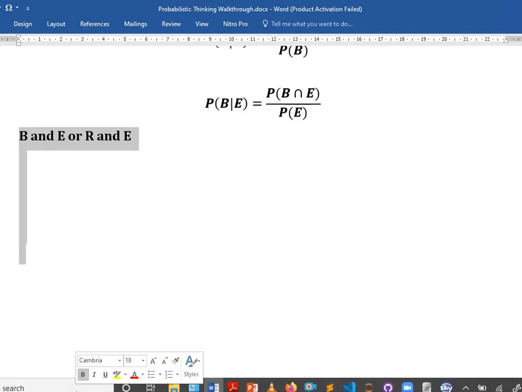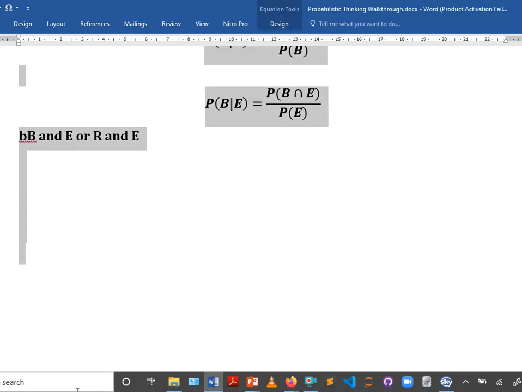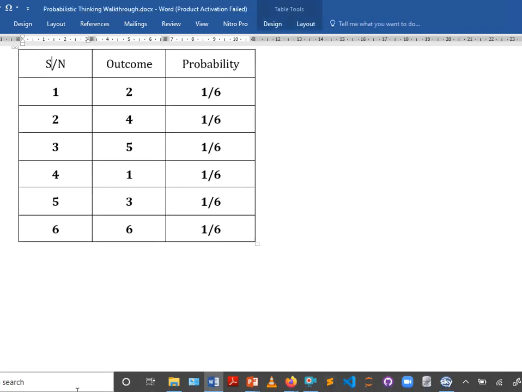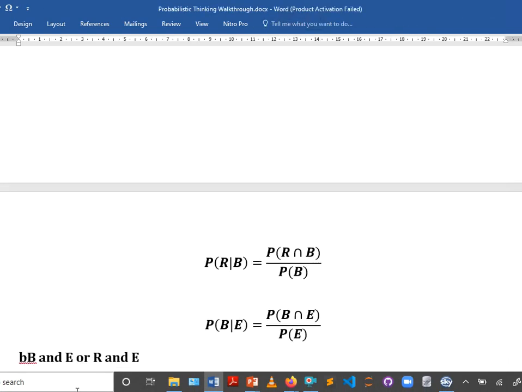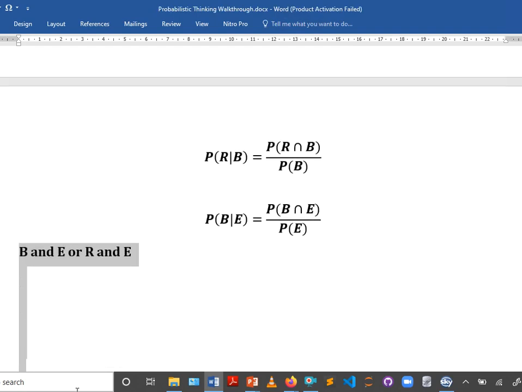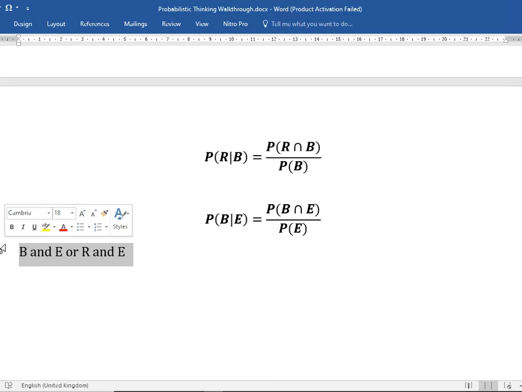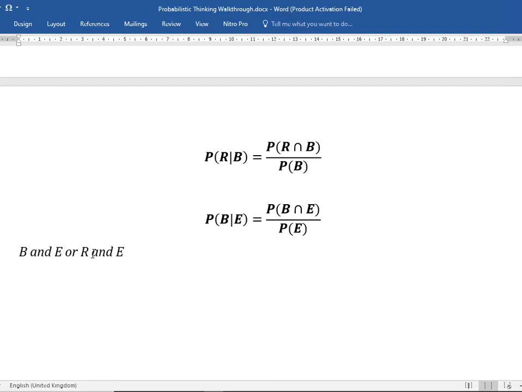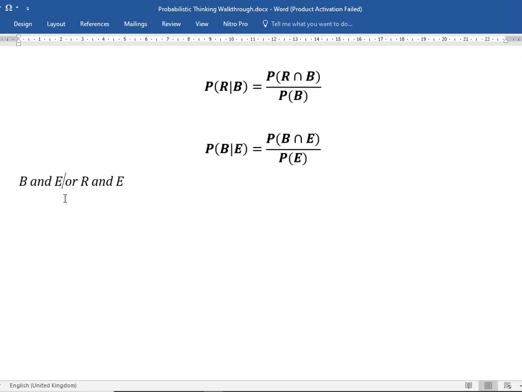Let me remove all the extra words here. Sorry about that. All right. So we're looking at B and E, or R and E. What does this mean in probability notation? Can we express this entire expression in probability notation?